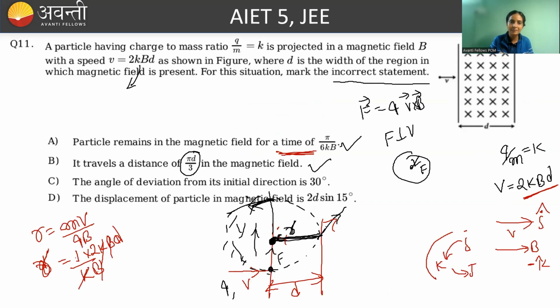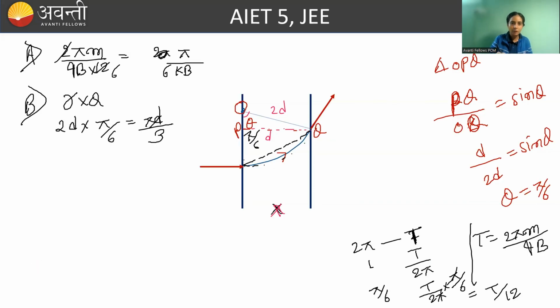Angle of deviation from its initial direction is what? Now it's talking about the angle of deviation, that is, by what angle it has deviated. Initially it was along the horizontal. Initially, the charged particle was moving in this direction before entering the magnetic field, and after coming out of the magnetic field, its velocity direction is this. So this is V final direction, this is V initial direction. How much deviation it has suffered, this angle.